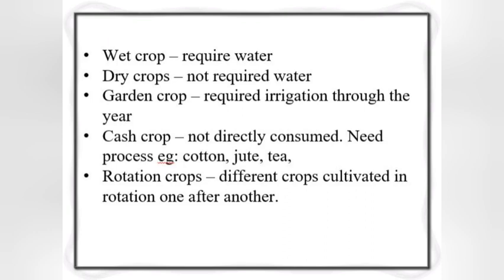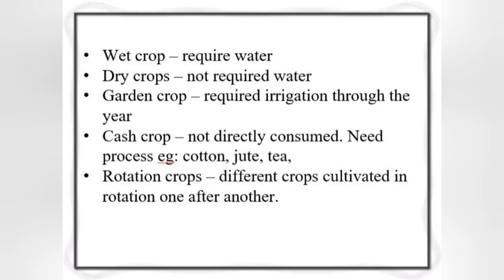The ratio of area of irrigation during the Kharif season to that of the Rabi season is called the crop ratio, or the Kharif-Rabi ratio. In general it would be 1:2, where 1 represents Kharif and 2 represents Rabi.